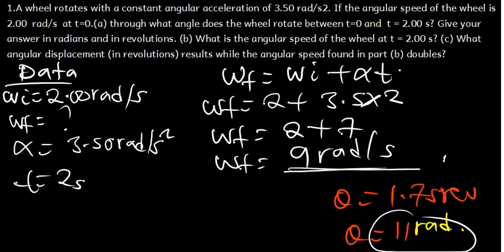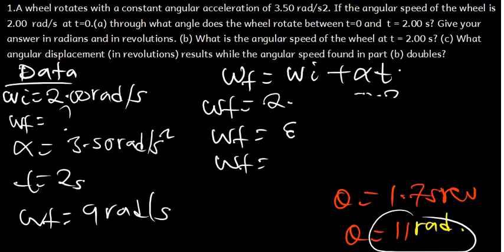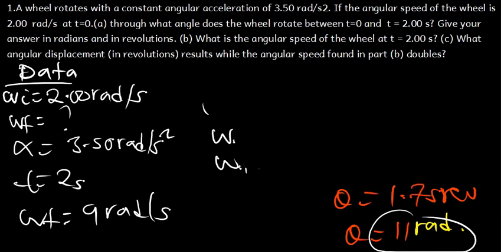Okay, now part C is saying, let's put it here. Part C is saying we have to find what angular displacement in revolution results while the angular speed found in part B doubles. Okay, so we want to find the angular displacement now. If the speed has been doubled, meaning we now have two speeds, the initial and the final, so we can use this.